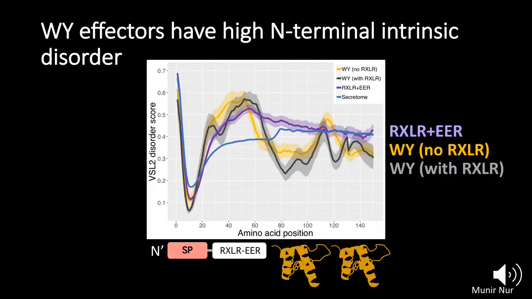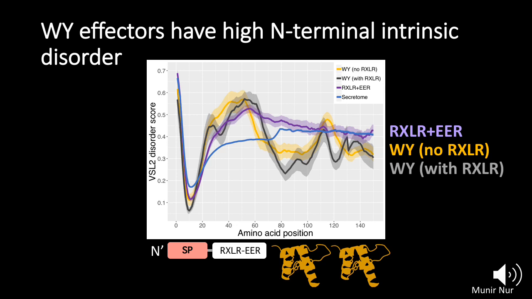Another interesting thing we noticed bioinformatically was that even though some of these WY effectors don't have an RXLR motif, they share one similarity in their N-terminal region. After the signal peptide, which is highly ordered, you see an increase in disorder, which encompasses the region where the RXLR motif either is or would be.